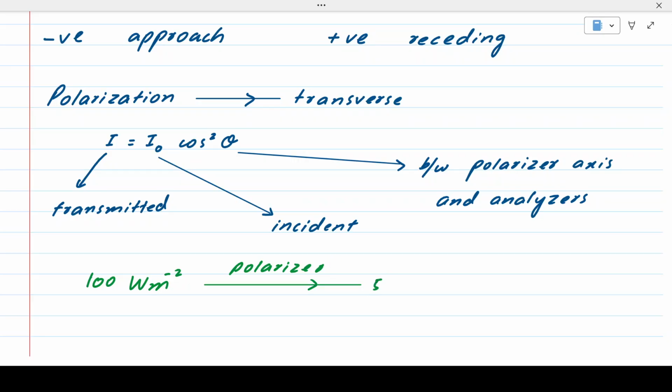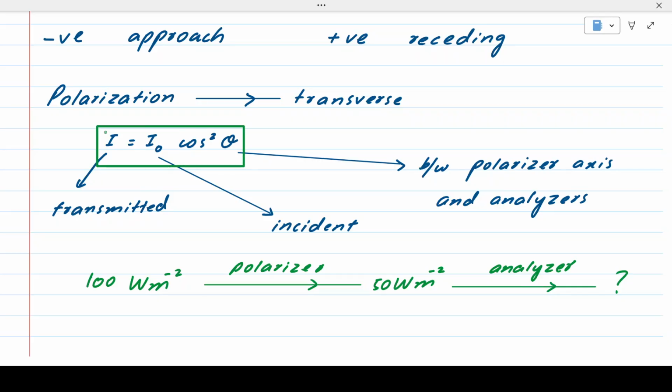But once you place the analyzer, what will be the new intensity? We don't know. That's where we use the formula. So I is the intensity after the analyzer, I naught will be this one, and theta would be the angle between the first polarizer axis and analyzer.